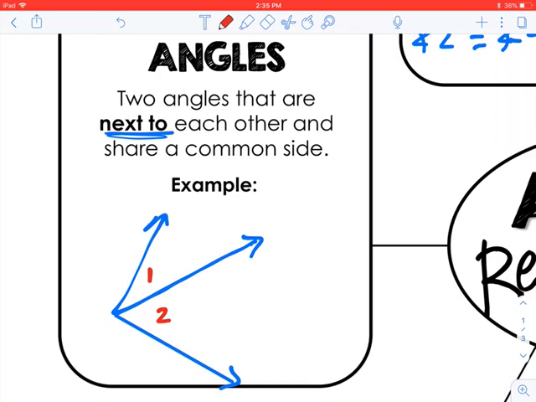So angle 1 and angle 2 are adjacent to each other because they share this line in the middle. Okay? And we talked about angle bisectors. It doesn't necessarily have to be a bisector, but it might be. Okay? But in this case, it's just this angle and this angle are adjacent because they're next to each other and they share that common side. Okay?